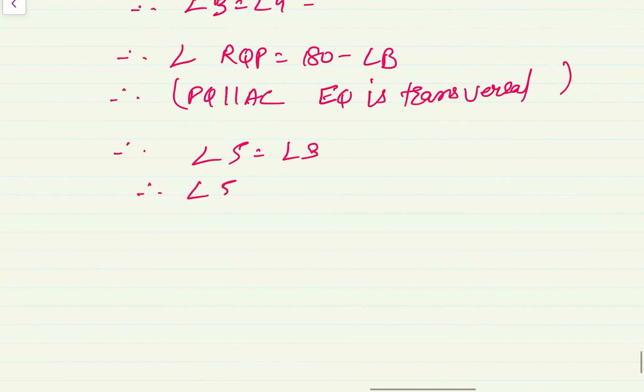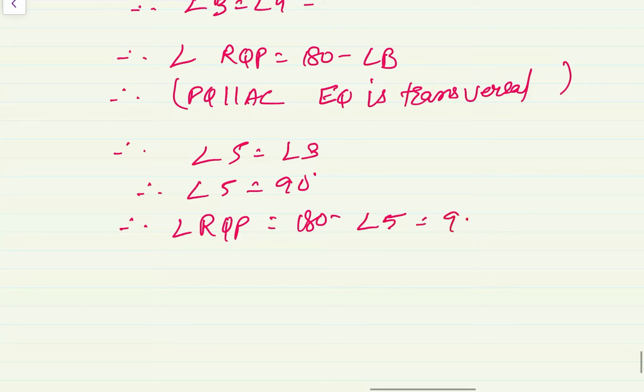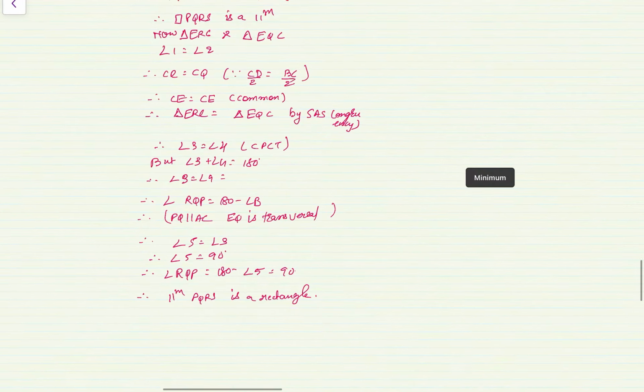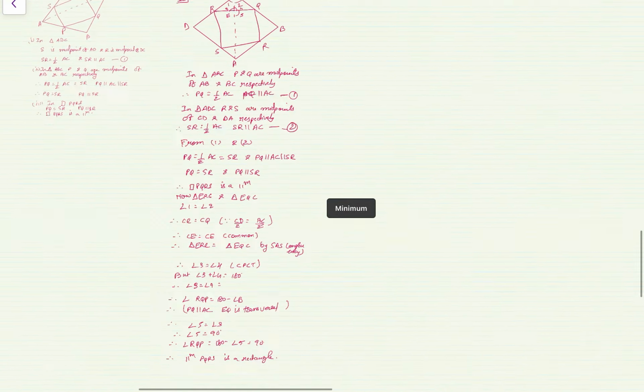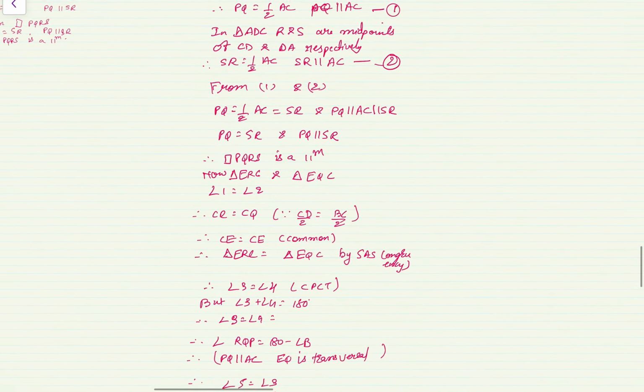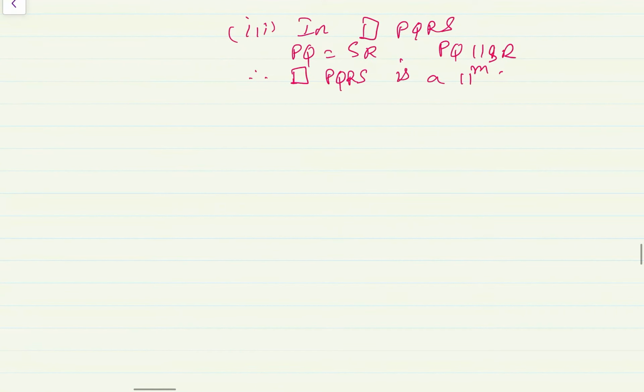Therefore, angle 5 is also 90 degrees and angle RQP is equal to 180 minus angle 5 is equal to 90. Therefore, parallelogram PQRS is a rectangle. That is your question number 2. Now let us do the third one.